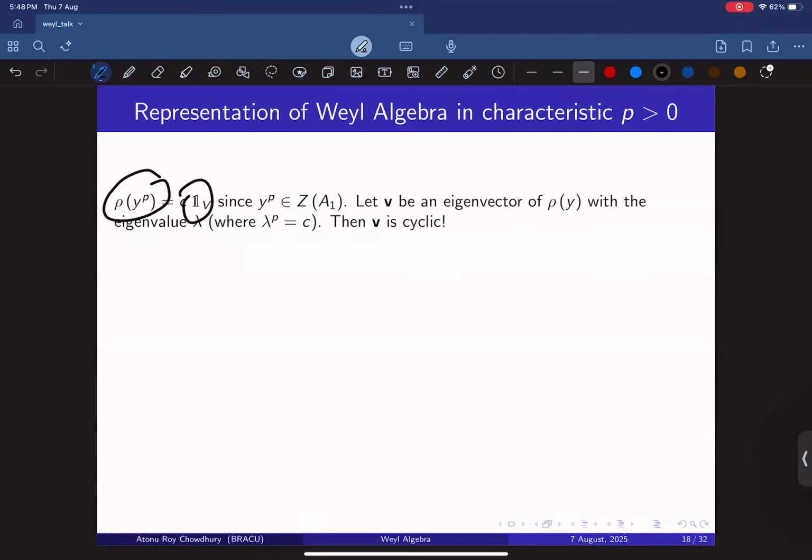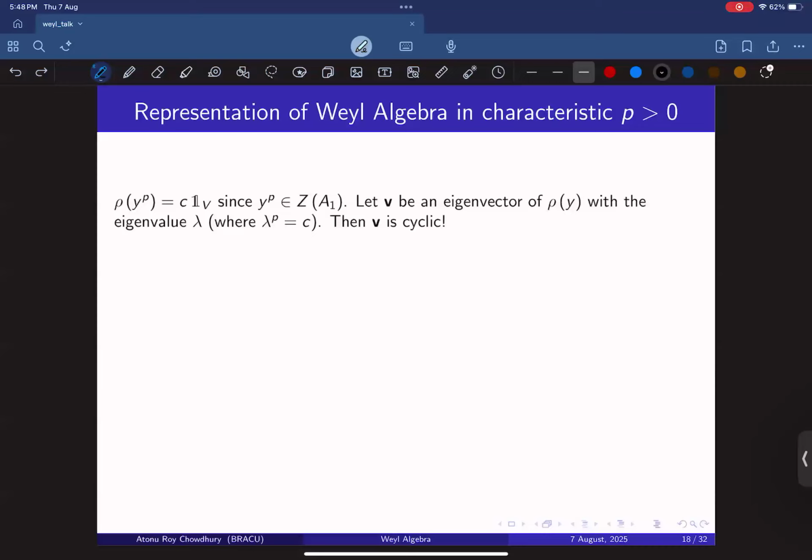So let's say V is an eigenvector of rho of y. Then V is an eigenvector of rho of y to the power p as well, right? And since y to the power p is a scalar operator, that means the eigenvalue of y to the power p is c.